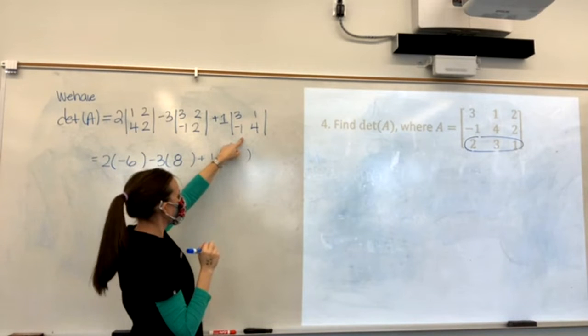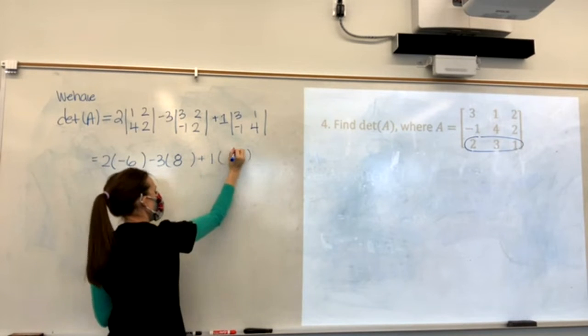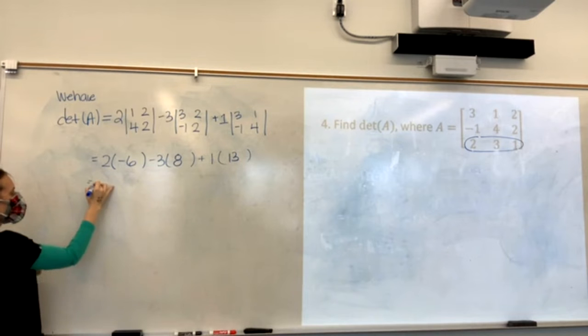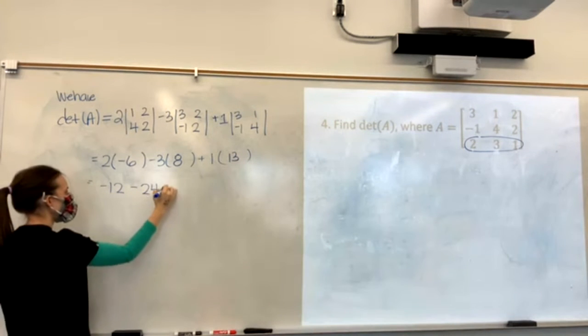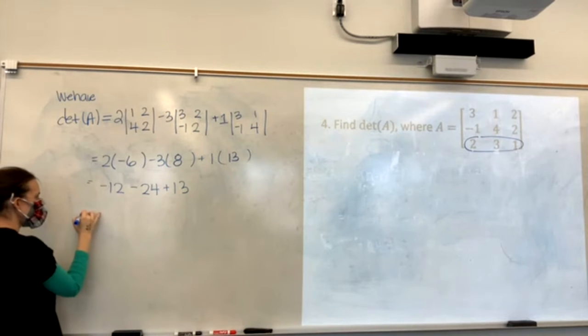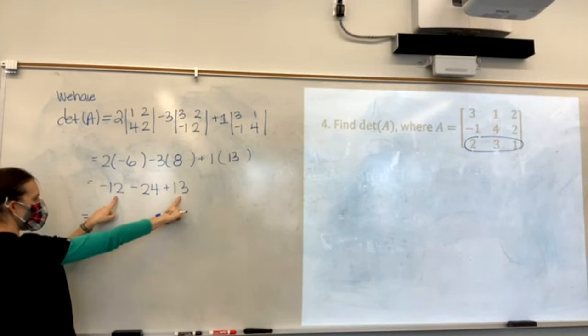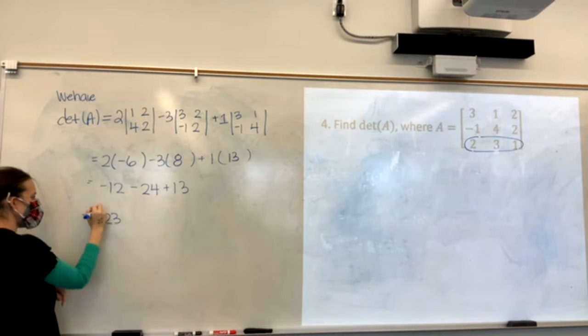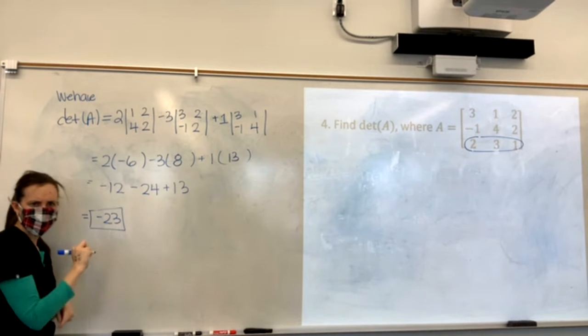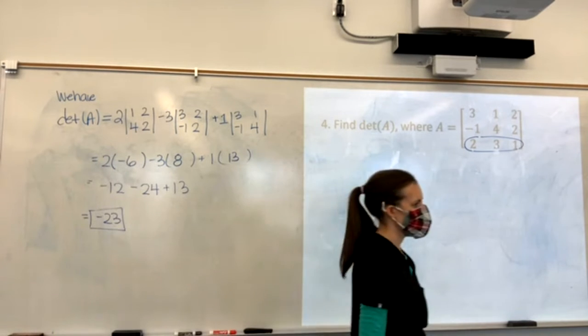And the determinant of this guy, 13. All right, so let's see. We get negative 12 minus 24 plus 13. So that's 1 minus 24, which looks to me like minus 23. That look right to everybody else?